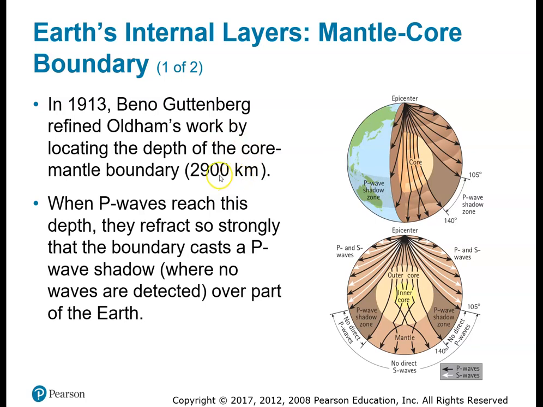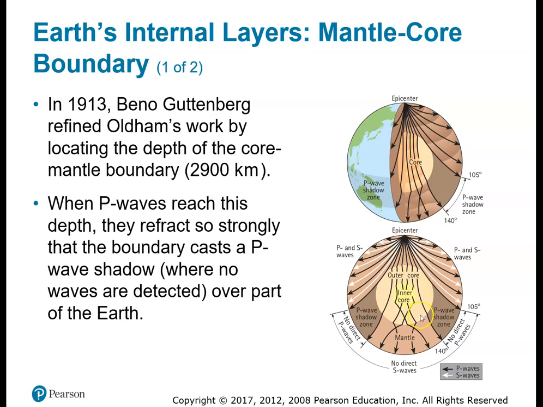And what he realized was that when the P wave reached this depth of 2,900 kilometers, there was refraction. There's a nice picture right here. Remember, the P wave can go through the liquid core.